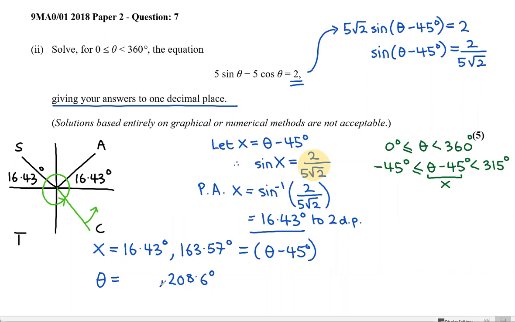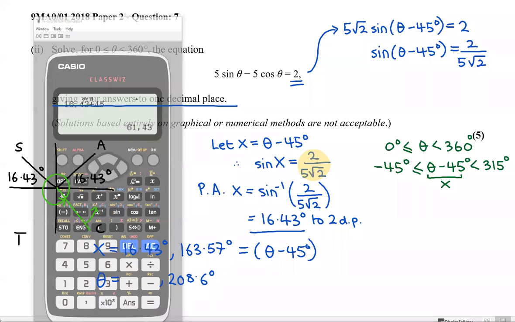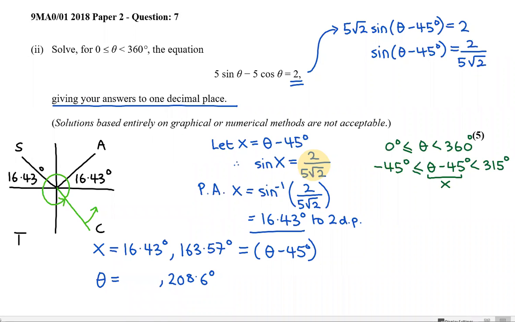Okay, and for the 16.43, so add 45 to that. I don't trust my own arithmetic. So that's 61.43 for that one. Now that will round to 61.4. Okay, both of those to 1 decimal place.